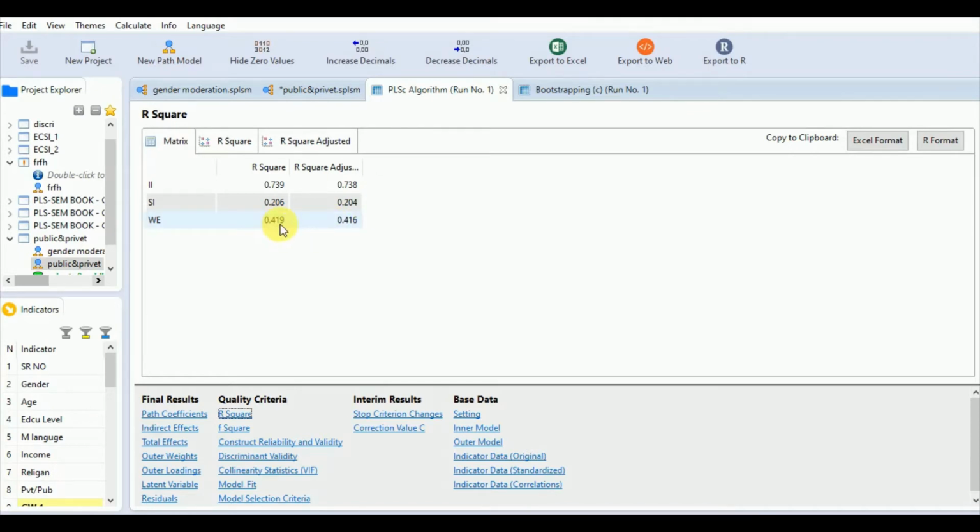The R-square ranges from 0 to 1, with higher values indicating greater explanatory power. As a guideline, R-square values of 0.75 show substantial, 0.50 moderate, and 0.25 weak explanatory power, as per Henseler et al. 2009 and Hair et al.